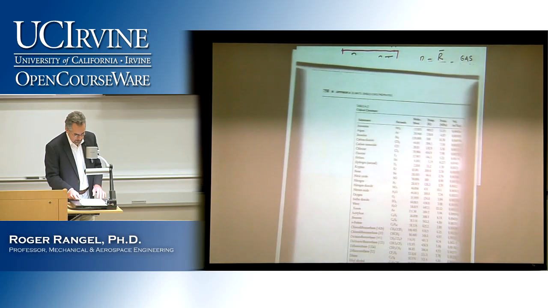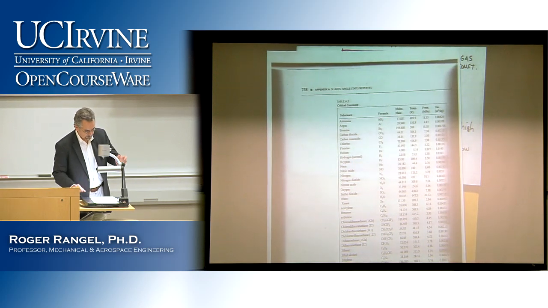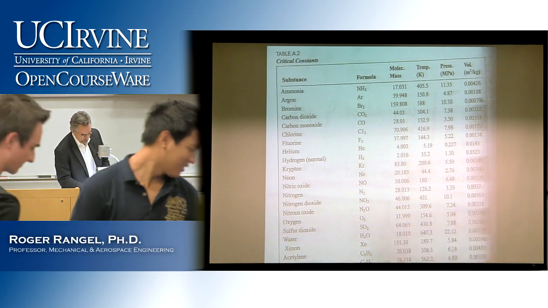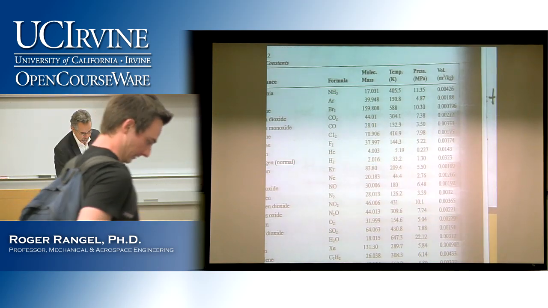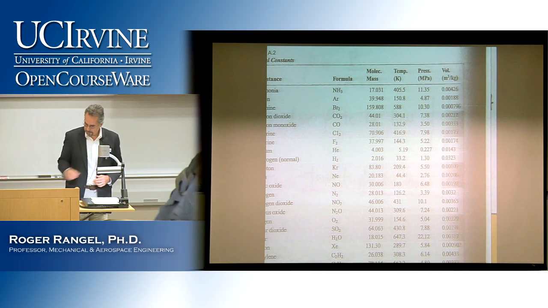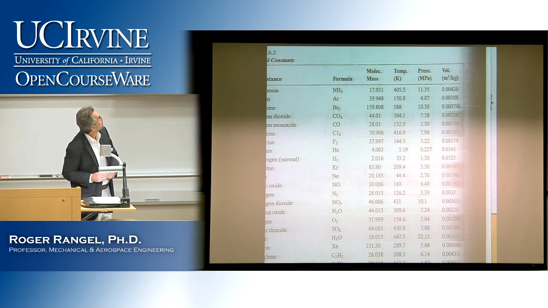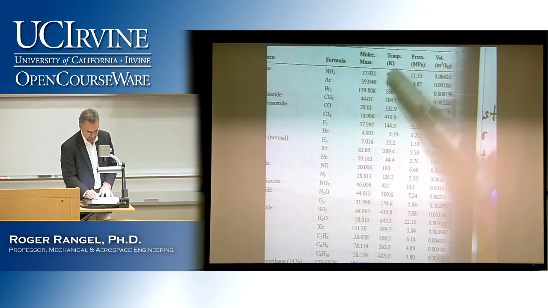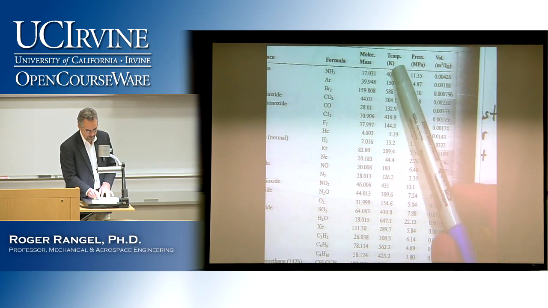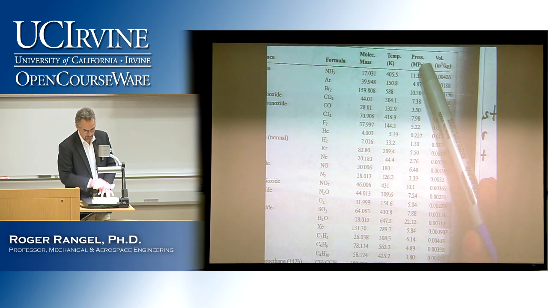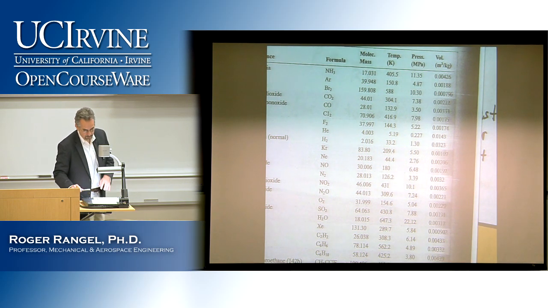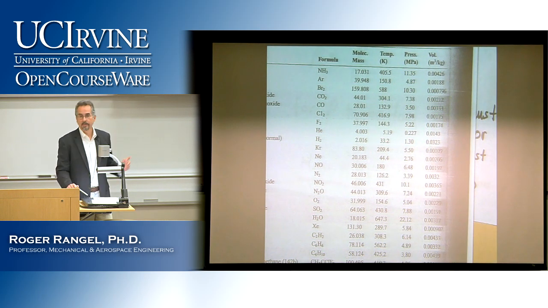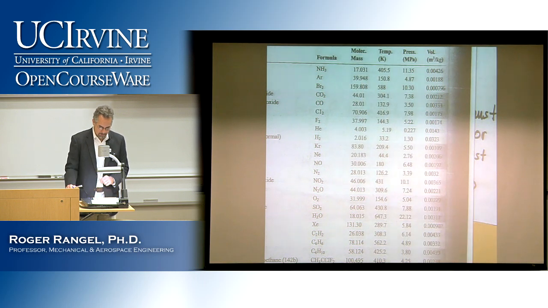There is a table that you can check in your text, and I just printed it here, where you have a large number of substances. You have the chemical formula first, the molecular mass or molecular weight, and then these are critical constants. This is the critical temperature and the critical pressure. It also gives you the critical specific volume, but the ones that we need for testing if we can use the ideal gas law are the critical temperature and the critical pressure.